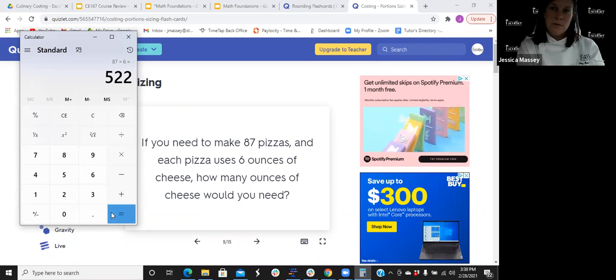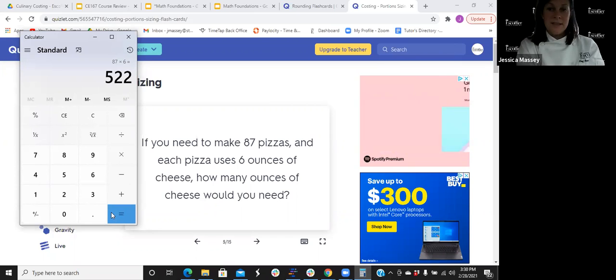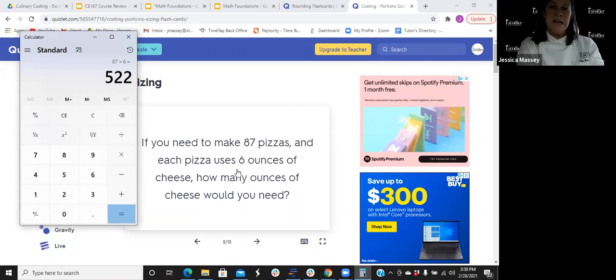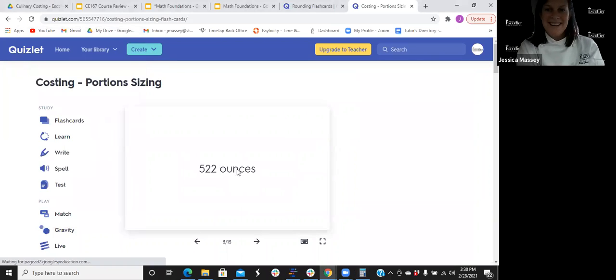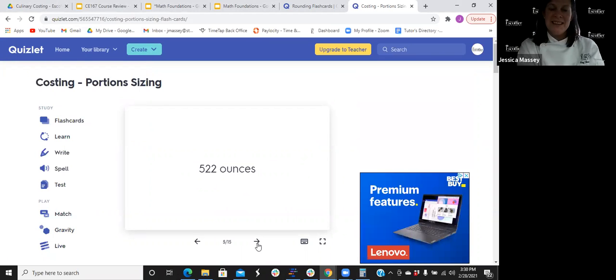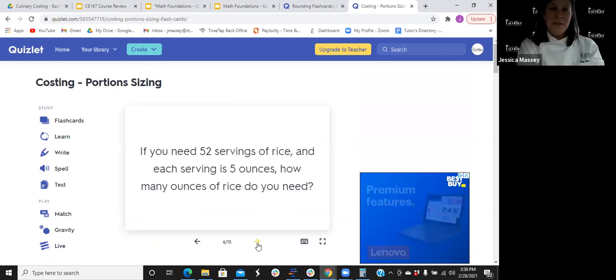Did you guys come up with 522? I see somebody nodding their head, which is good enough for me. So we got 522 ounces.